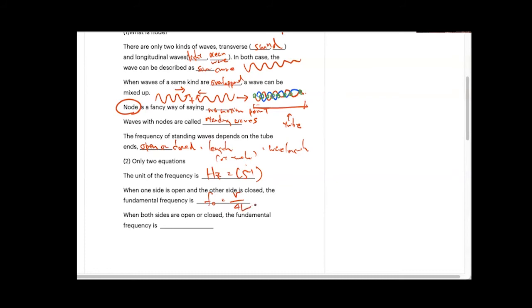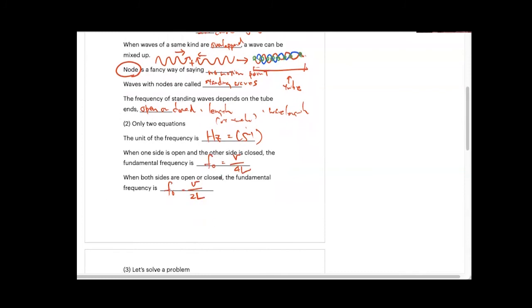L is the length of the tube. But when both sides are open or closed, the fundamental frequency is going to be F0 equals V over 2L. So the condition of the sides open or closed is pretty important when you want to study the fundamental frequencies. But this is all you have to understand.